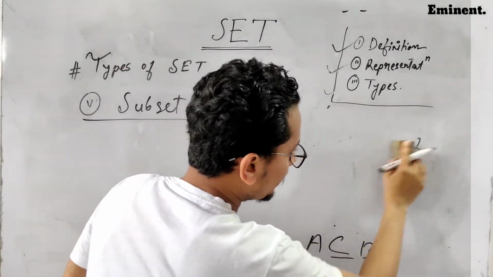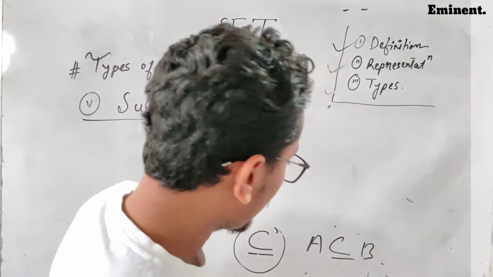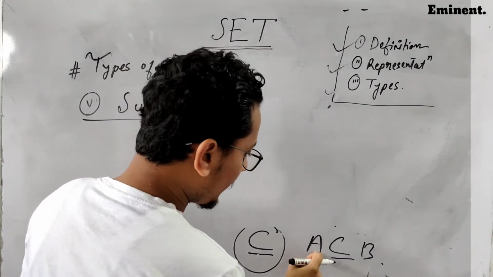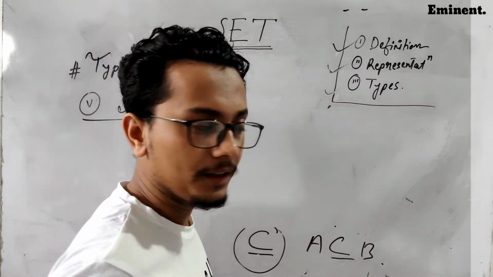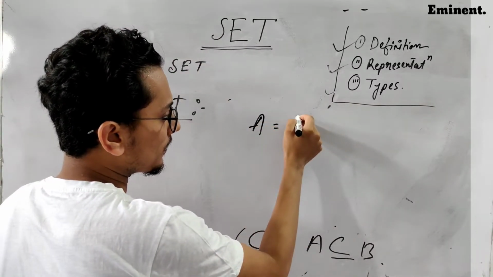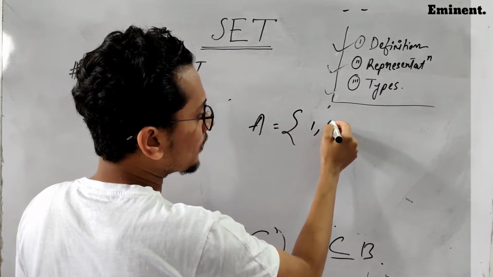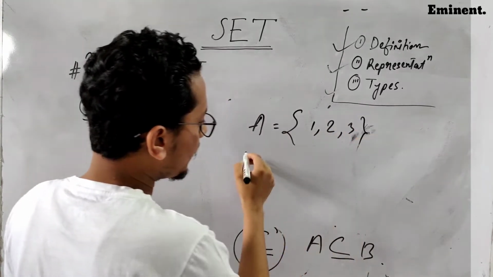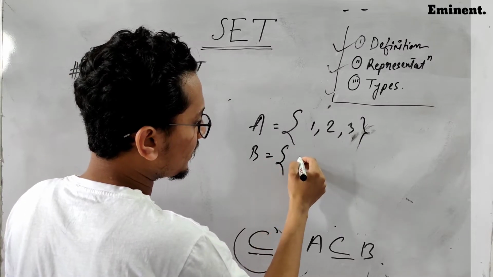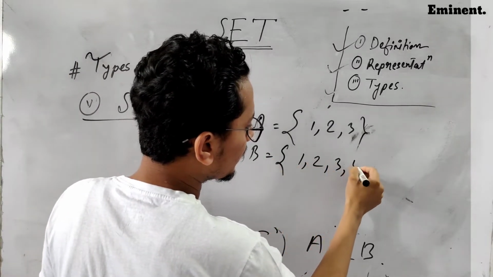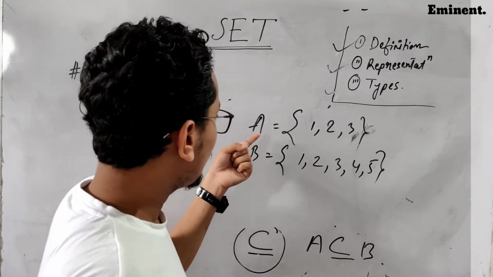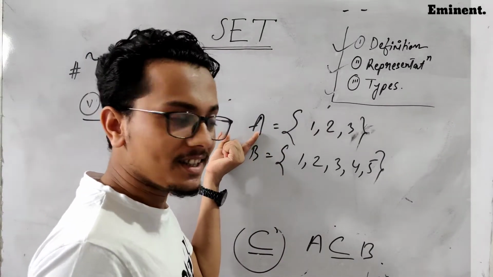In the definition, I assume that A and B are two sets and A is a subset of B. For example, A is a set which contains 1, 2, 3 and B is a set which contains 1, 2, 3, 4, 5. Now, what are the elements in A?